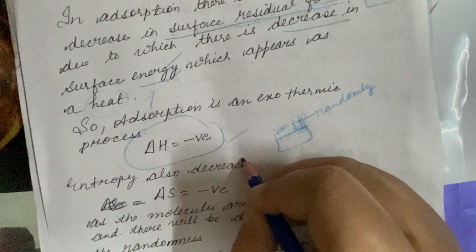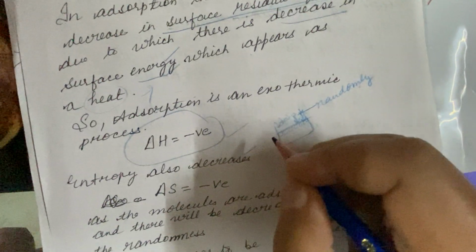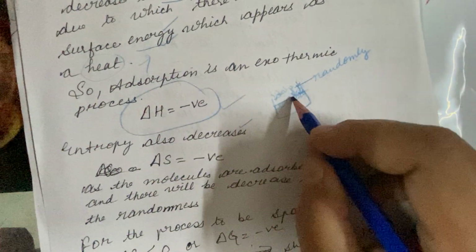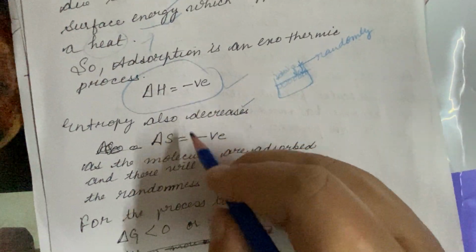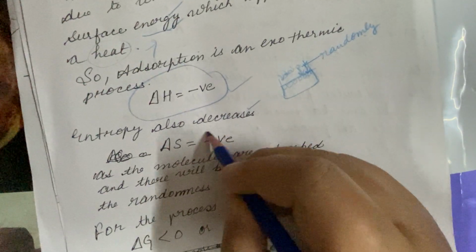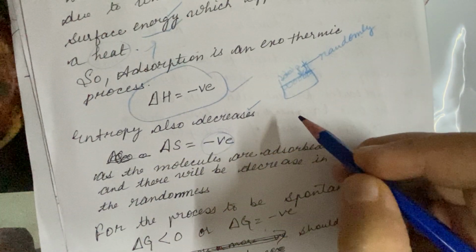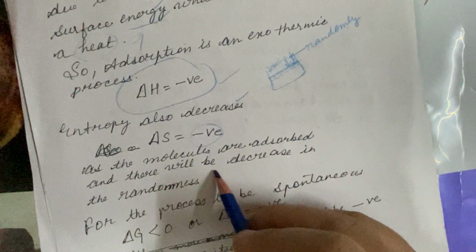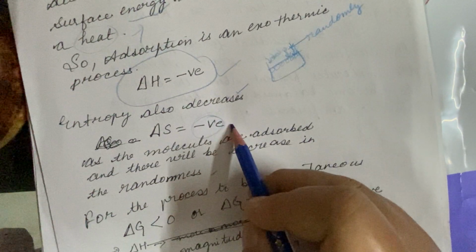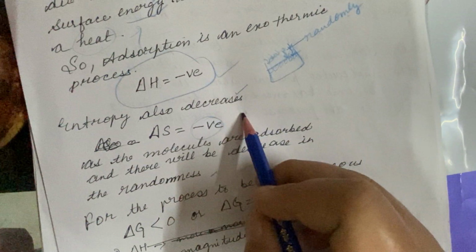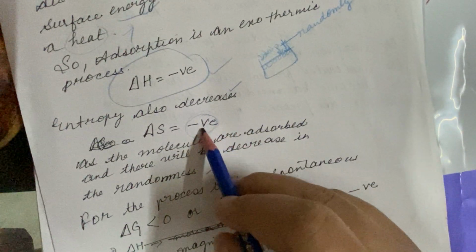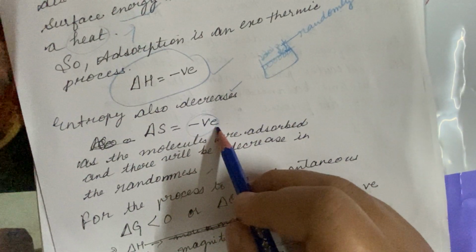That means our entropy is also decreasing. What is entropy? It is the degree of randomness. So randomness is decreasing, and the value of delta S will also be negative. As the molecules are adsorbed, there is a decrease in randomness, and its value is becoming negative.